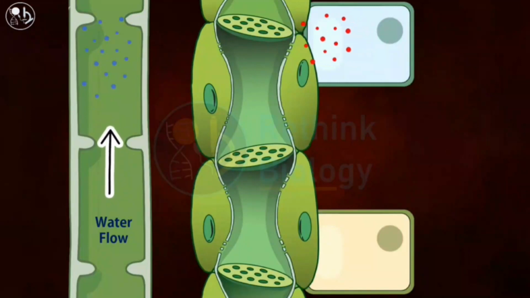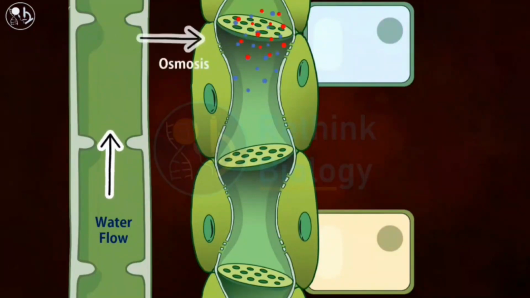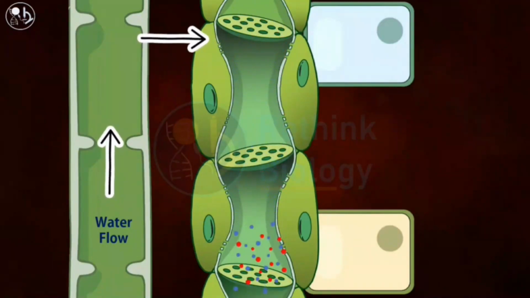Then, the water comes into the sieve tube from the xylem by osmosis. This results in an increase of water potential in the sieve tube again. The uptake of water generates a positive pressure that forces the sap to flow along the tube to the sink cells. The pressure is relieved by the unloading of sucrose and the consequent loss of water at the sink cells.